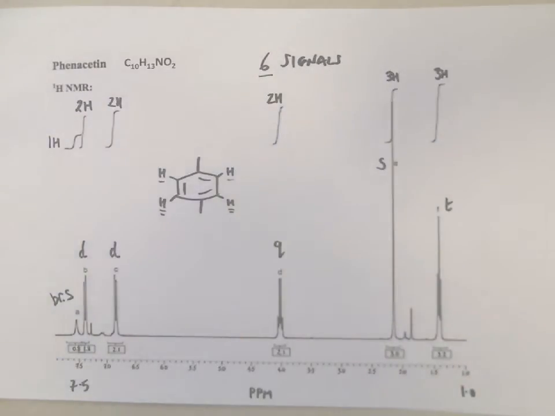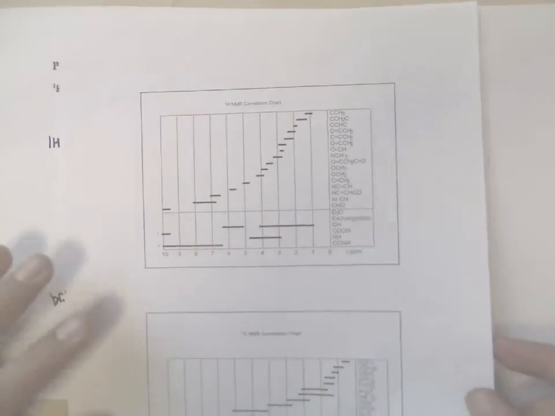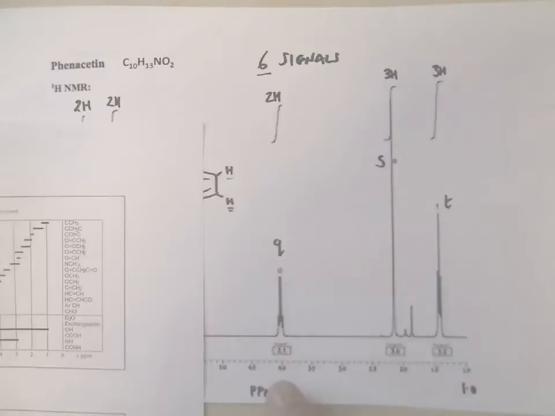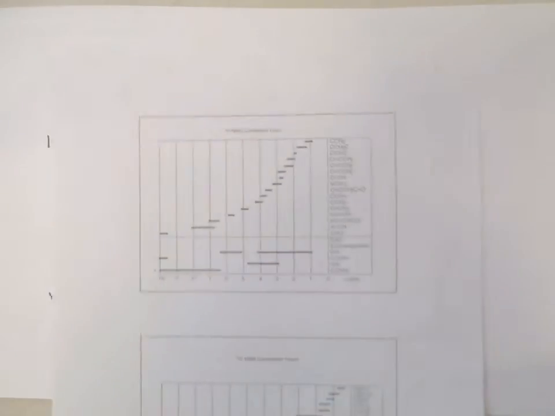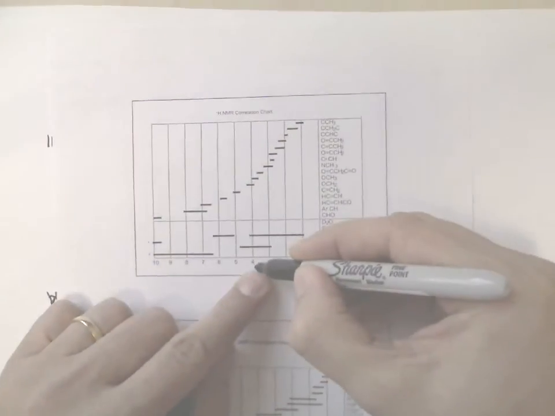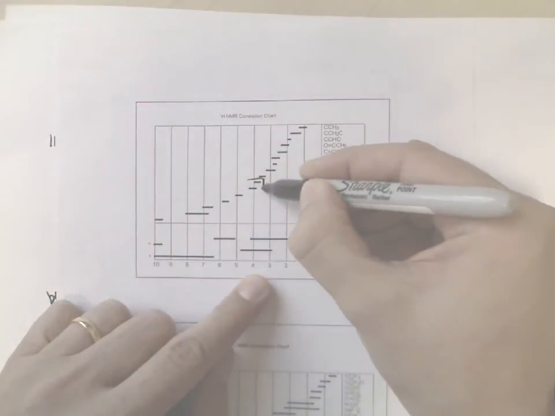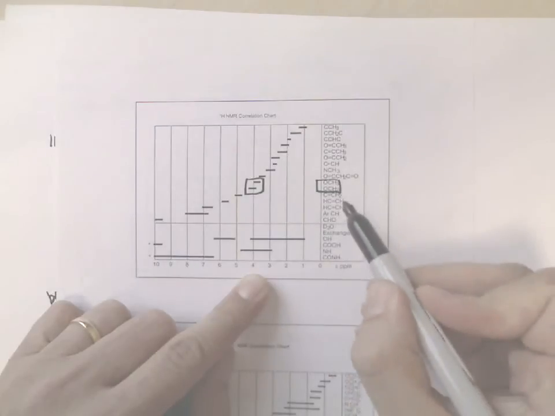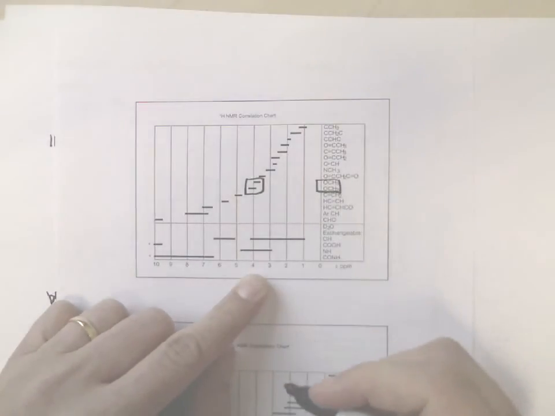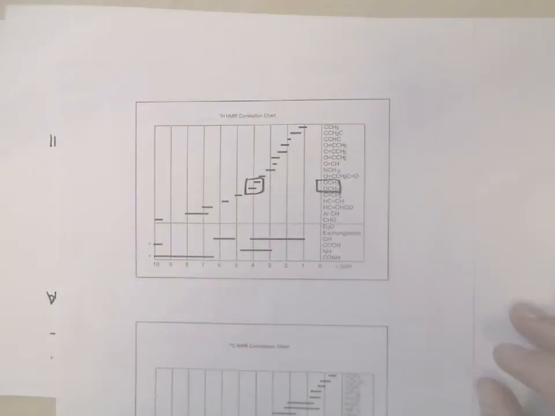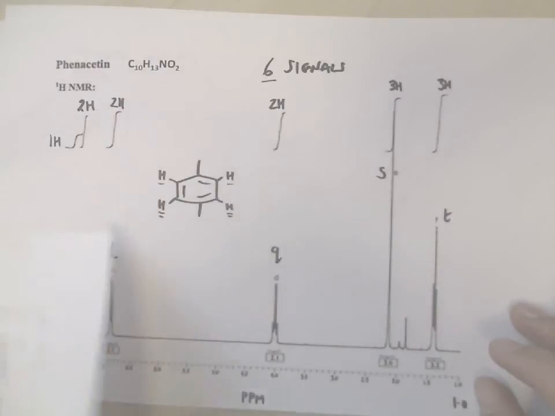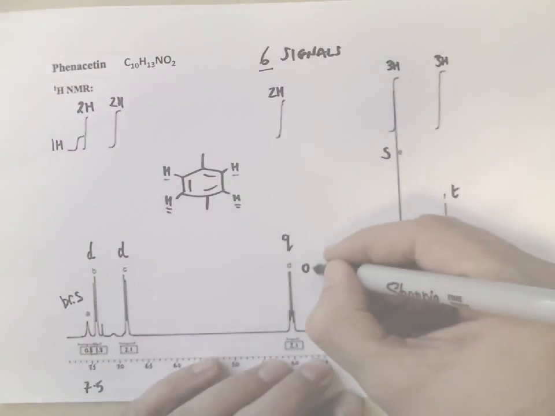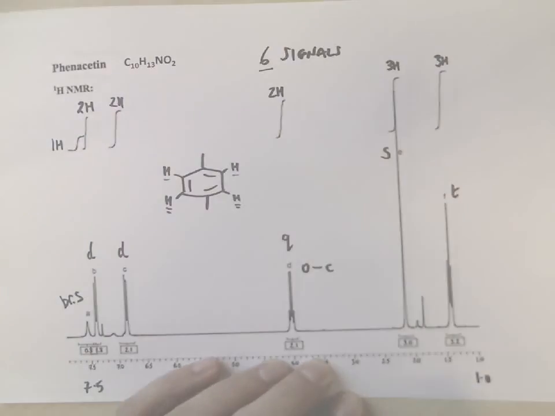Okay, if you now look at the correlation charts that you were given in lectures, you can see that this peak at 4 ppm, so here at 4 ppm we go up and we can see that it's a carbon attached directly to an oxygen. So here we have an oxygen with a carbon directly attached to it.